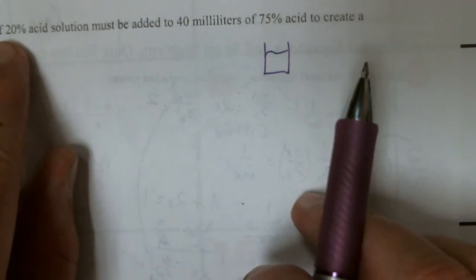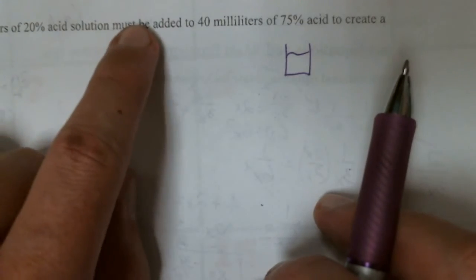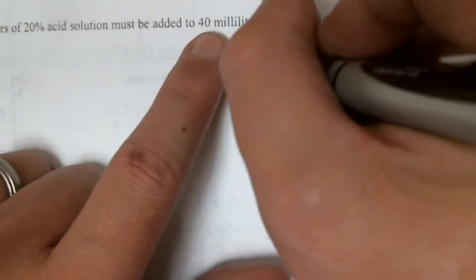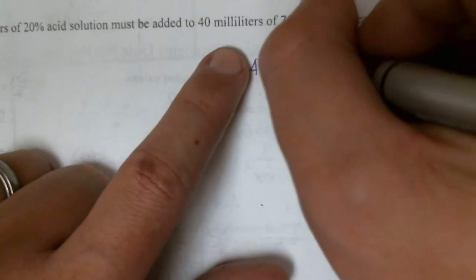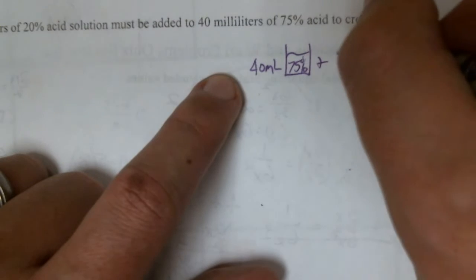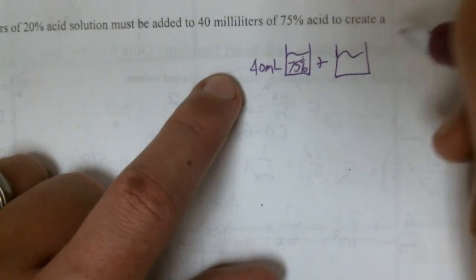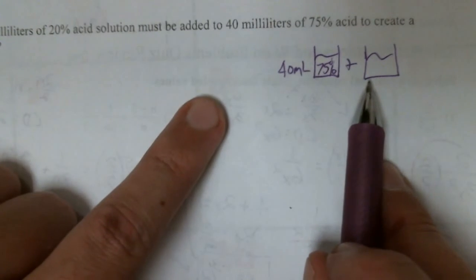Okay, how many milliliters of 20% acid must be added? So this is what I'm adding. I'm adding it to 40 milliliters of 75% solution. So this is 75%. Okay, to that, I'm going to add how many milliliters must be added. I don't know what I'm adding.